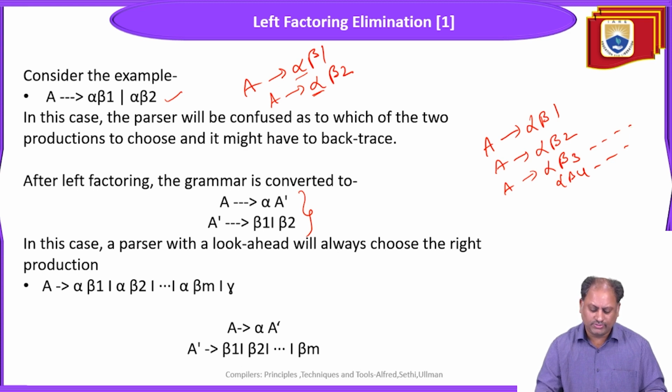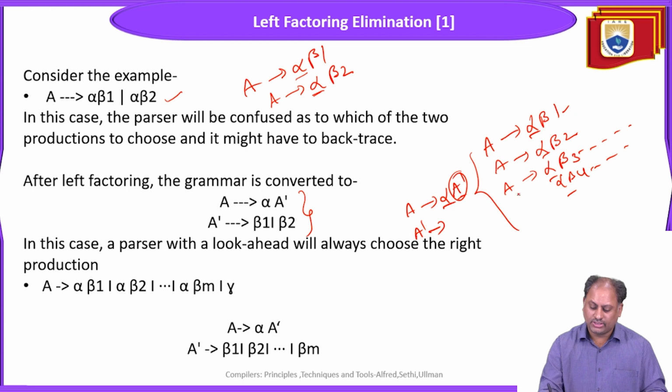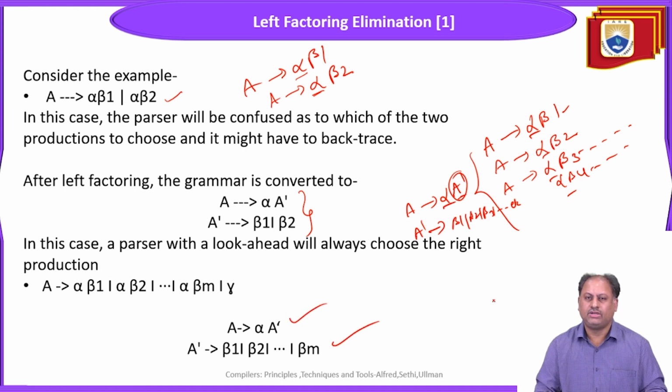For that format also we can replace these productions with A derives alpha A dash, where the common factor is considered as alpha. And what is A dash? A dash is derived as beta 1, beta 2, beta 3, beta 4, etc. So those are the two general syntax notations to be considered while implementing left factoring.